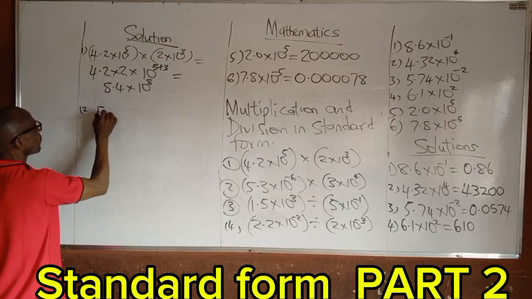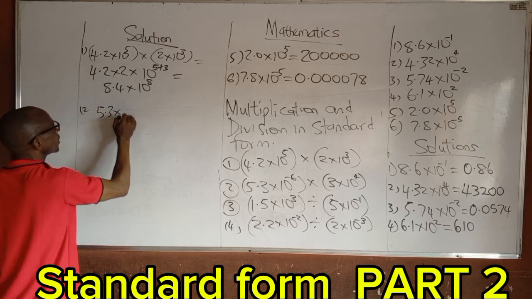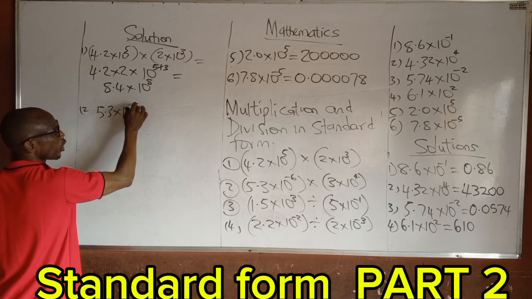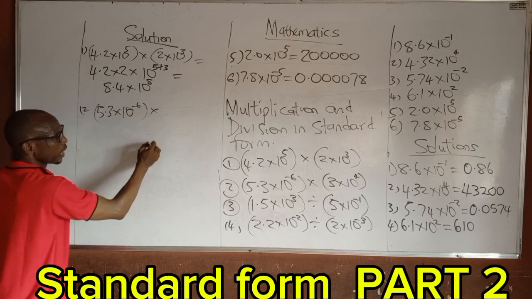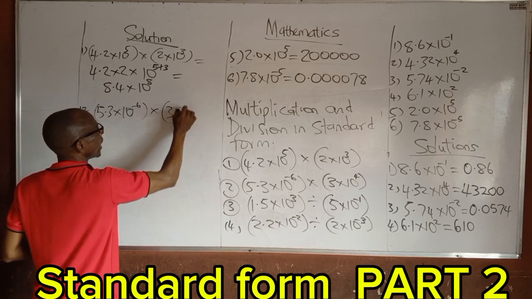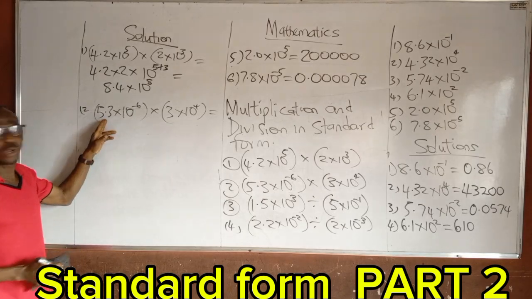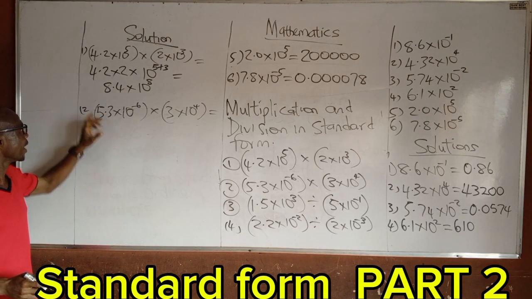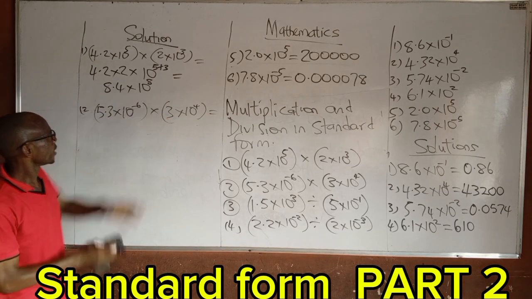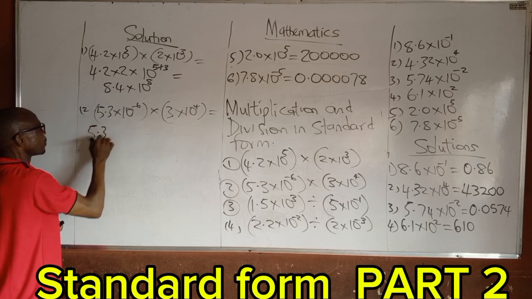We are looking at 5.3 times 10 raised to the power of minus 6, times 3 times 10 raised to the power of 4. Similarly, take the A parts and multiply them.